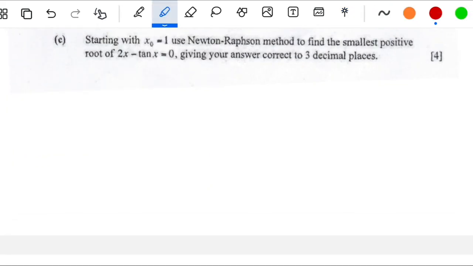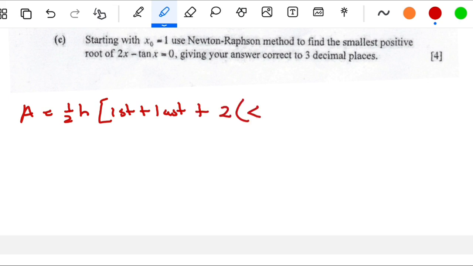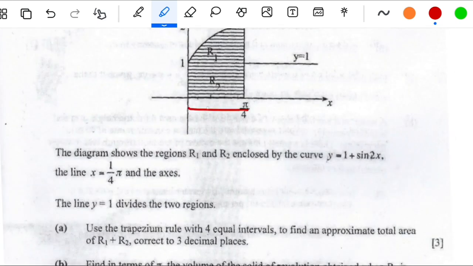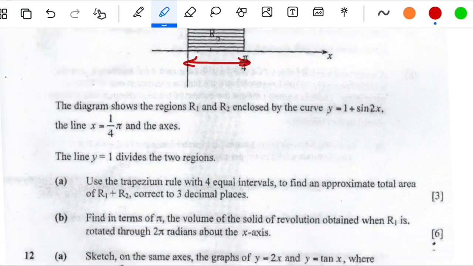Okay, trapezium rule. So the formula for the trapezium rule is what? We know that the area equals half of h, first plus last ordinate, plus 2 times the sum of the rest of the ordinates. Okay, so let's find h. h equals the distance here divided by the number of intervals.